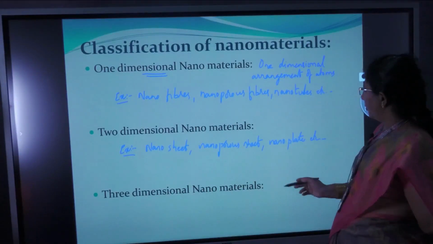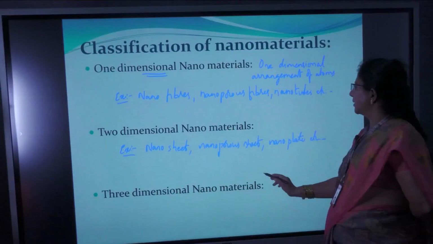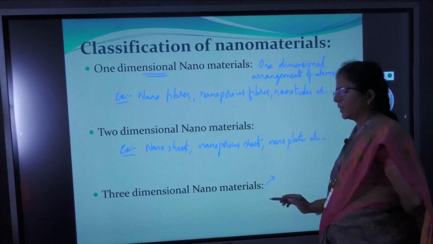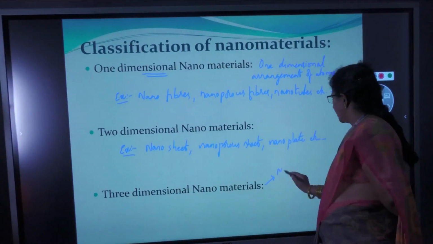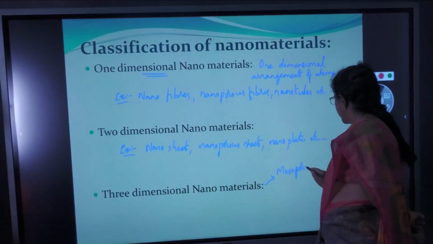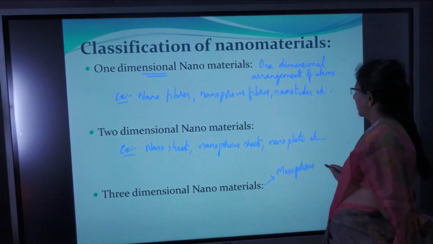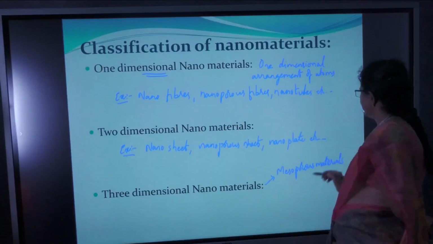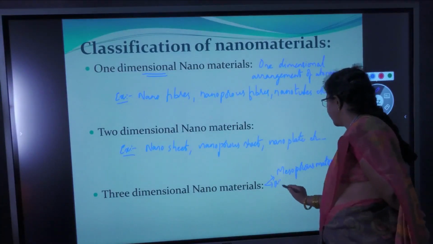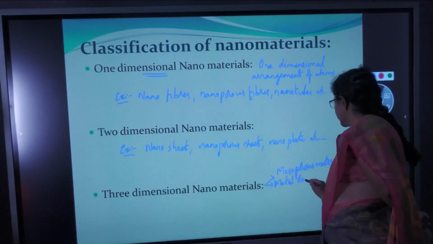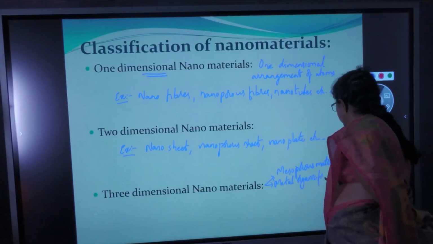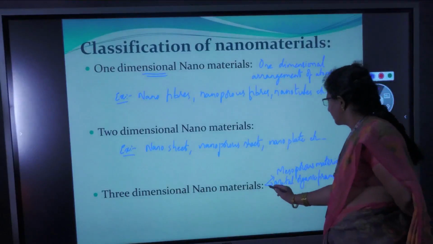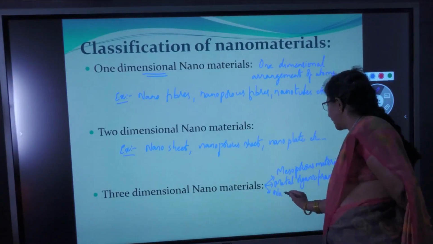Three-dimensional nanoparticles means a three-dimensional arrangement will exist. And examples for three-dimensional nanoparticles we can take as mesoporous materials, metal organic framework, nanostructure assembly.